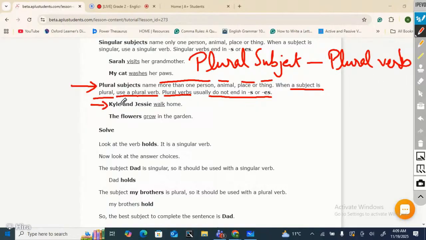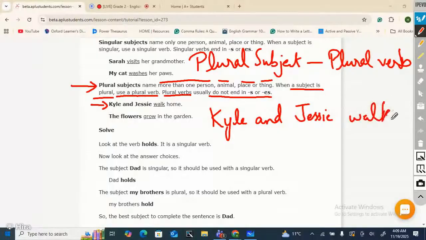Let's read this one. Kyle and Jesse walk home. Again, I have written subject and verb. What is the subject? Who walk home? Kyle and Jesse. Is this the name of one person? No. The subject names more than one person.